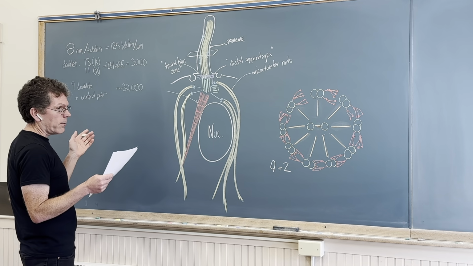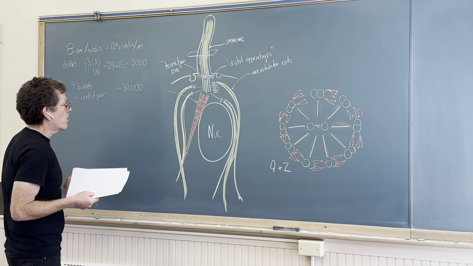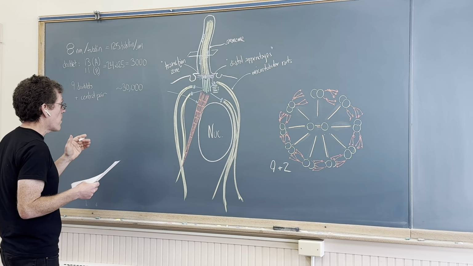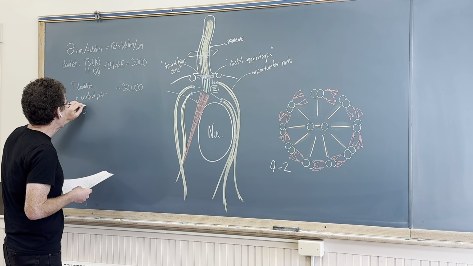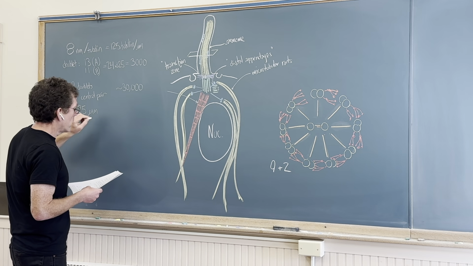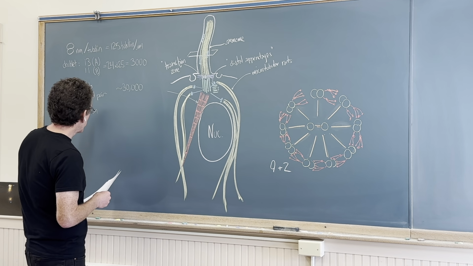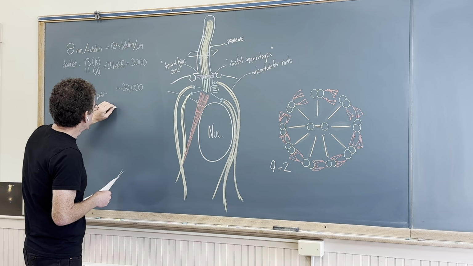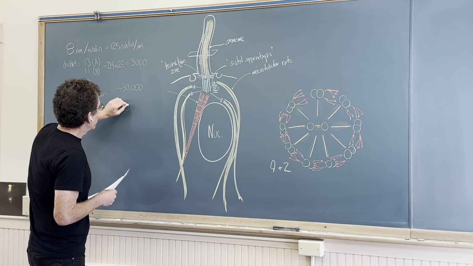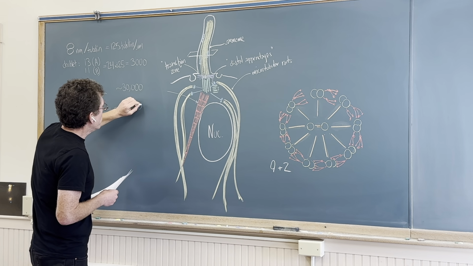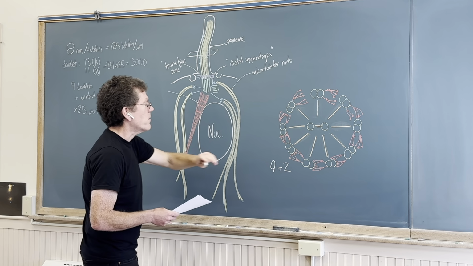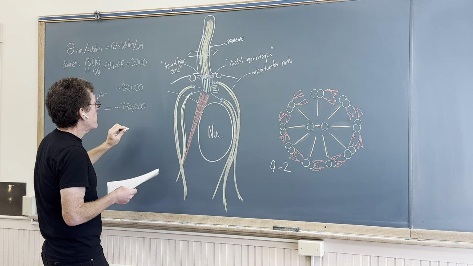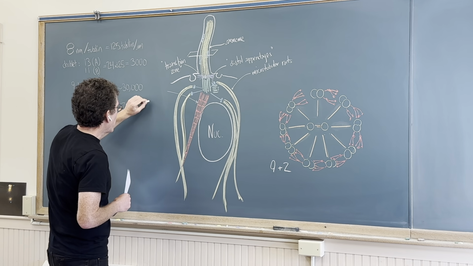On a starfish larva, the cilia are probably 25 microns long. So times 25 microns equals about 750,000 tubulins, just the tubulin alone, not to mention the dyneins, of course. 750,000 tubulins for the axoneme.